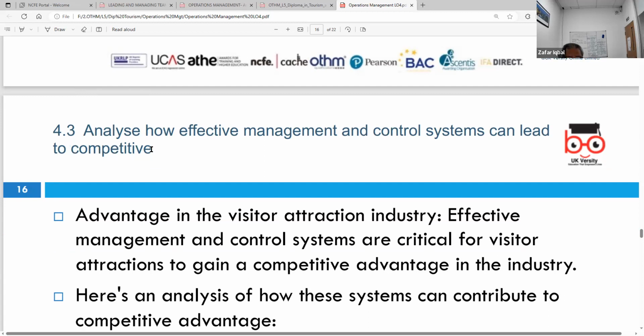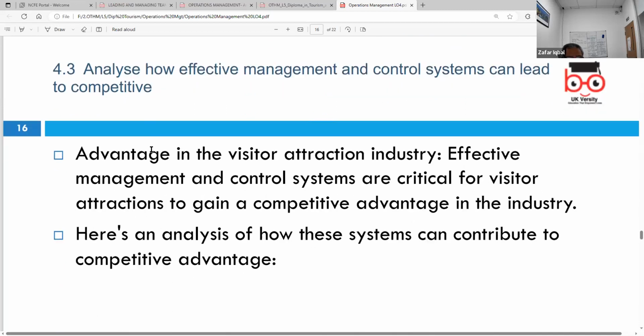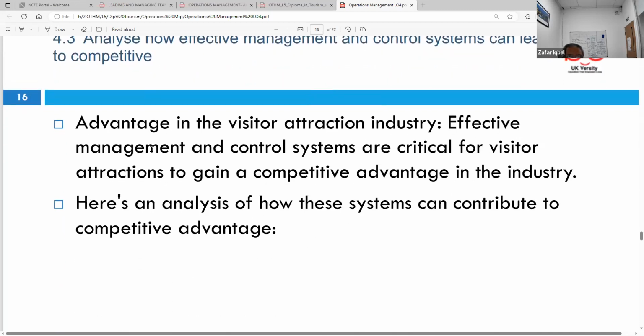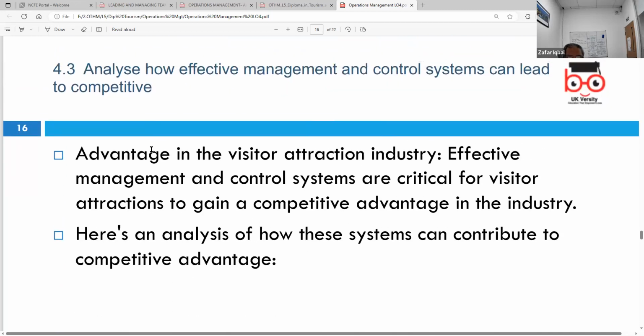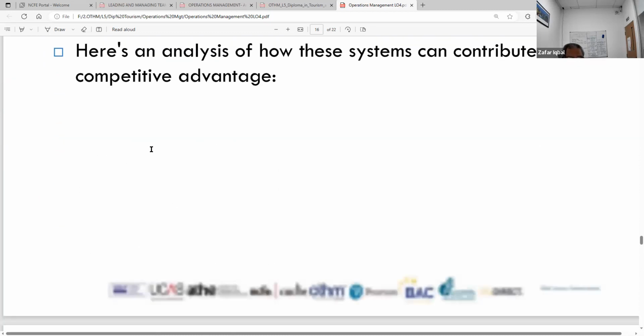Okay, so competitive advantage means you are staying ahead of the game with the minimum or efficient cost. All right, so this is very important. How can you stay competitive? How can you stay effective? So we need to look at that.